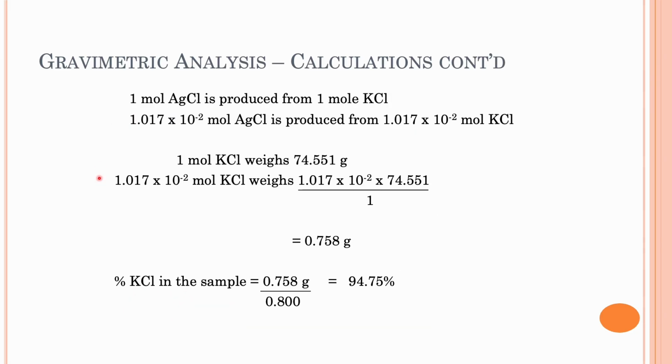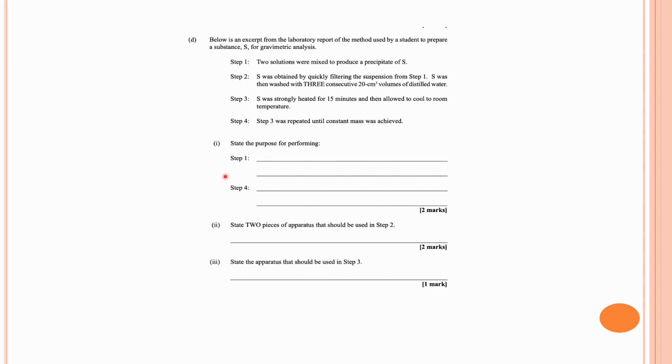From that equation, it's a 1-to-1 mole ratio. Once you have the number of moles there, you would take the molar mass of your potassium chloride and determine the mass of your potassium chloride. So this was the yield of your potassium chloride over the mass of your impure sample. You can fill in steps 1 to 4 and we'll look at it in class.